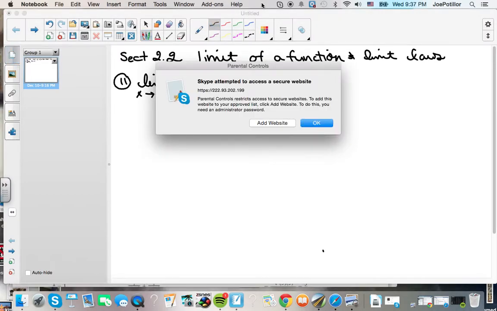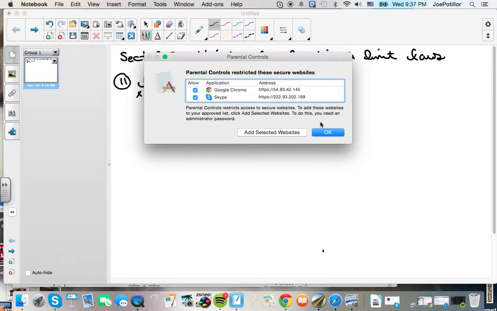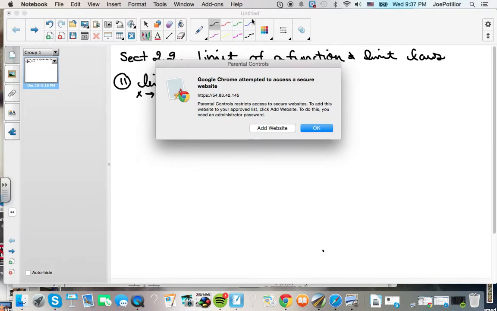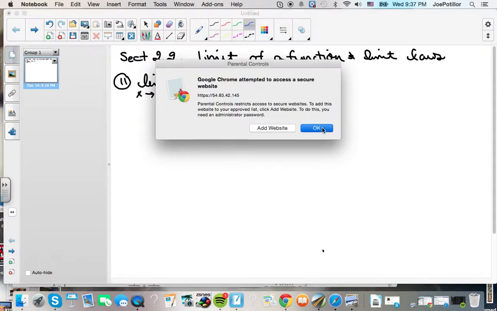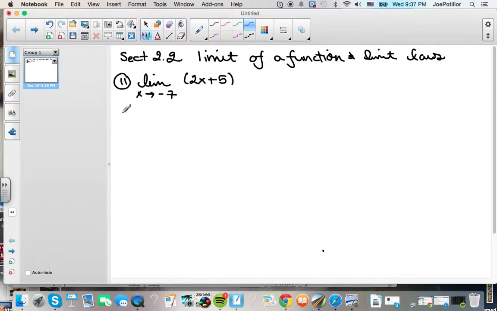Okay, so for this problem, it's simple. Since it's a polynomial function, you just plug it in. Since polynomial functions, we just plug in the number, it's in the domain.